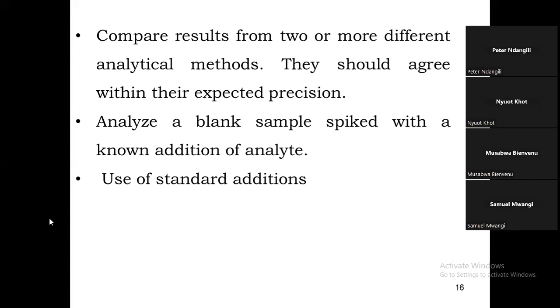What we need to find out is whether you are able to recover, whether you are able to detect that particular concentration you have spiked. If you are able to do that, then we can say that your method is validated. Your method is true. Your method can be accepted. We normally refer to this as a recovery study.